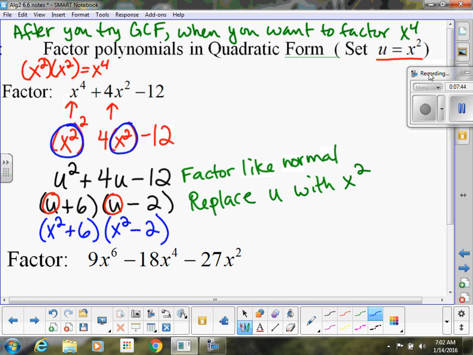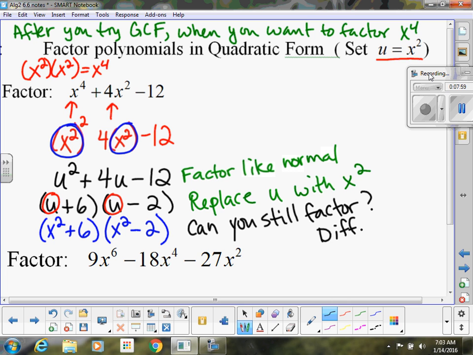The only other thing you have to watch out for is, can you still factor anything? So here's where you want to look for any difference of 2 squares, like the one that we did in the beginning of this video. If I look at these, this first one, that's not a difference, that's addition, right?